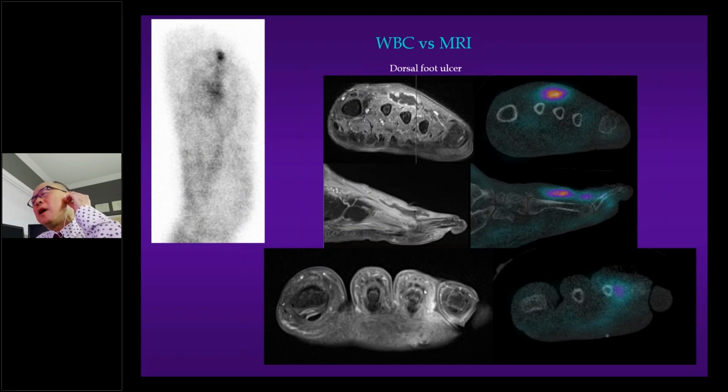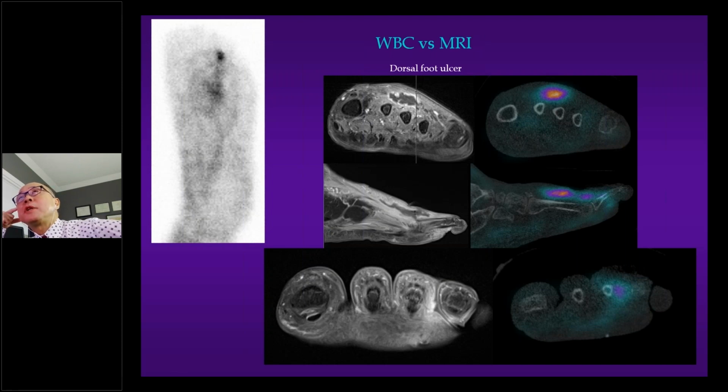So I think the real answer is, functionally, seeing infections with both modalities, they are equally accurate, and the sensitivity is probably equal on both sides, as long as it's properly executed and properly interpreted. I should inform you, it's a lot easier to diagnose osteomyelitis on a white cell scan than on MRI.